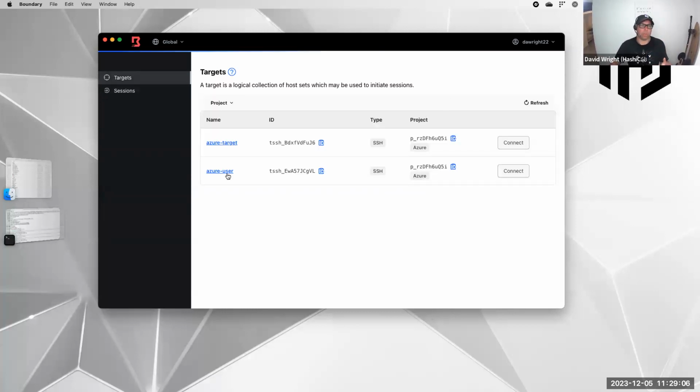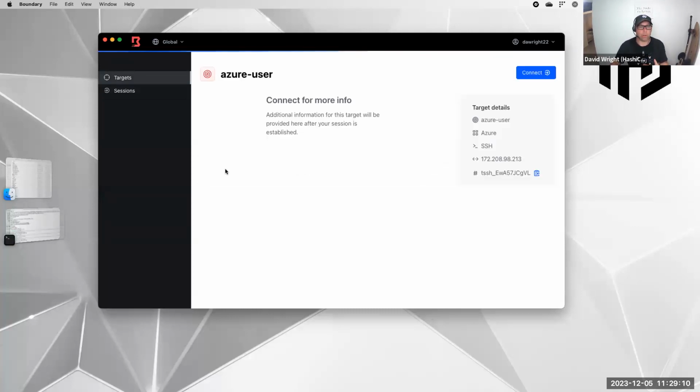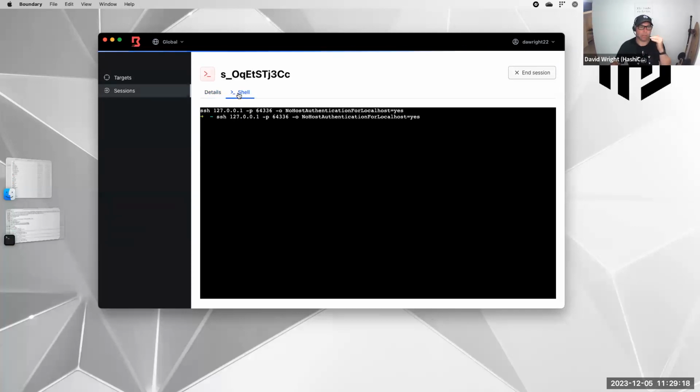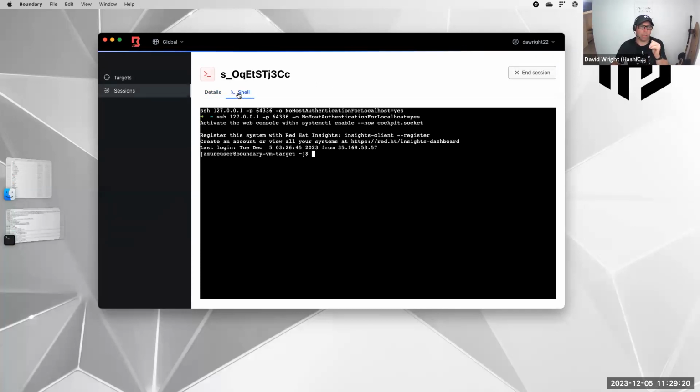If you wanted to, or for a process that just spins up quick access, you can also use inject credentials based off of the credential store. So this is using username and password and injecting in that same way, so the client doesn't see it. Here we can see we've logged onto the same machine.